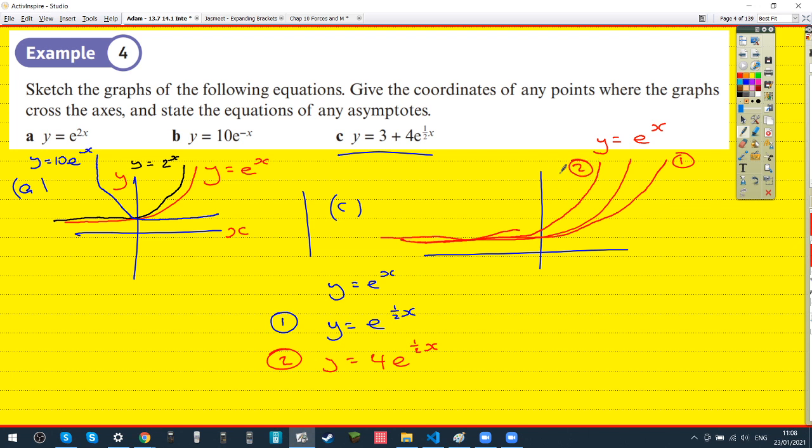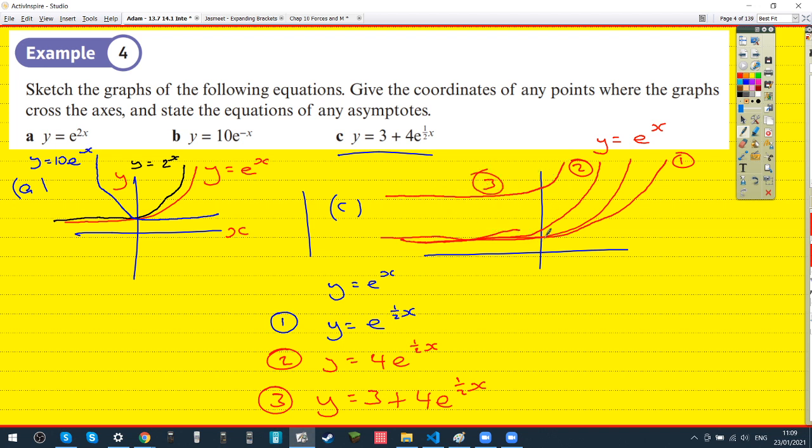And then with the plus 3, if you add 3, what's that going to do? Is that going to make it higher on the y-axis? Correct. That'll go 3 up from the previous one. So it's just that previous one, except 3 up.